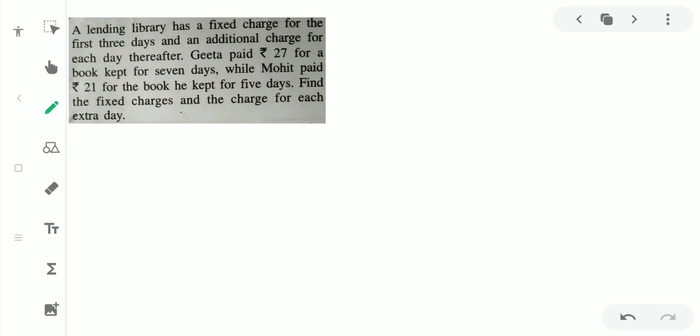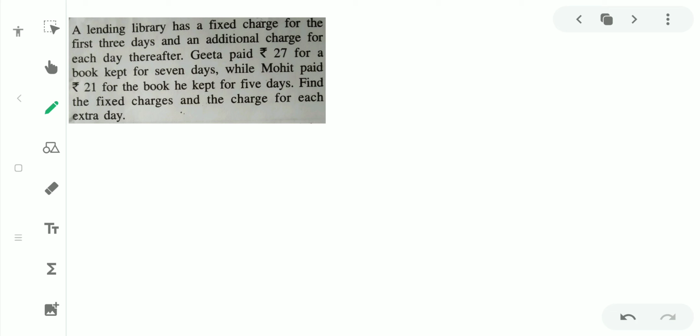It has an additional charge. Geeta paid rupees 27 for a book kept for 7 days while Mohit paid 21 for 5 days. Find the fixed charges as well as the charge for each extra day.